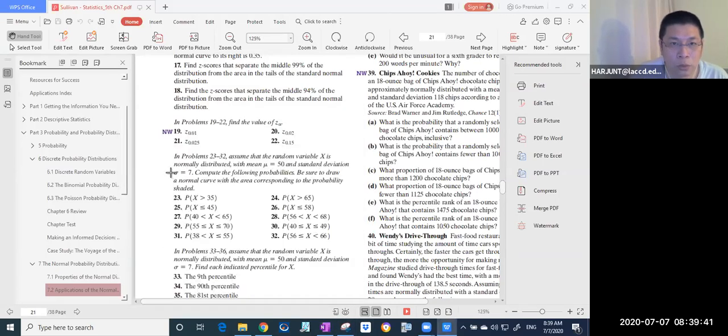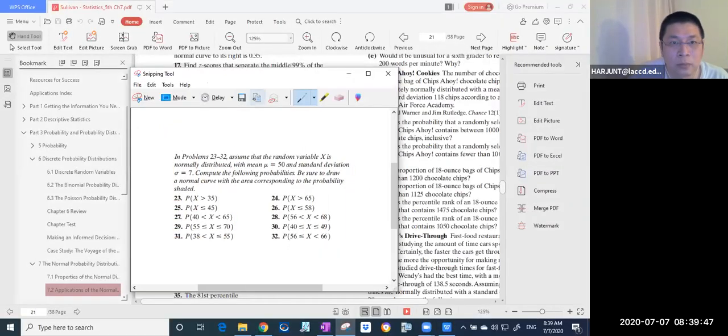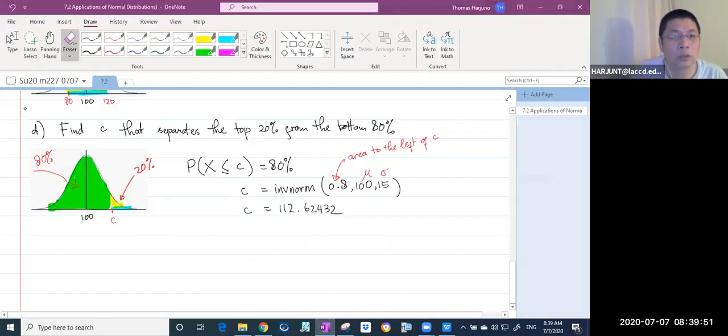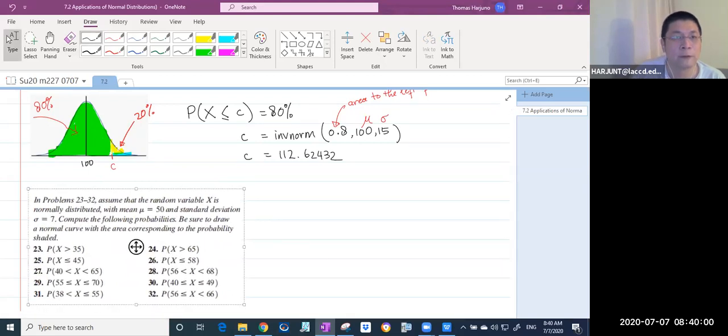Let's do this first. In your textbook, that will be number 24 to number 32. This is still notation only.